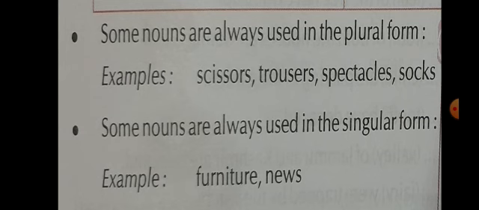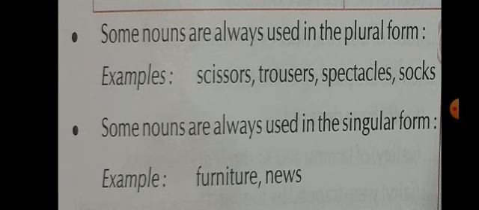Some nouns are always used in the plural form. There are some nouns, they are never singular, they are always used in plural form, like scissors, trousers, spectacles, and socks. So, how can you remember them? Because we have two eyes, so we have two spectacles.